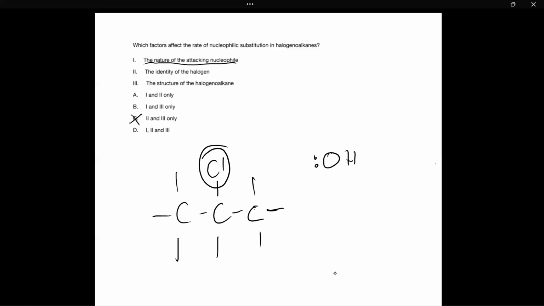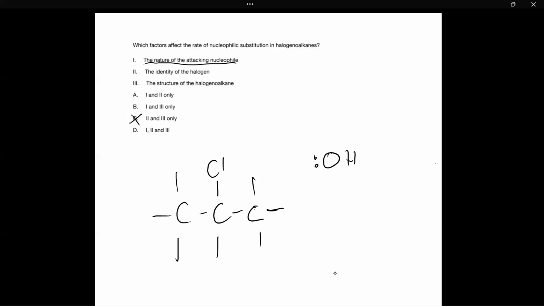So if you want your rate of nucleophilic substitution to be fast, you want your halogen to be able to leave fast, because in SN1 reactions, that is what's going to determine your rate. And some halogens are better at leaving than others. How can we tell if one is better than the other?